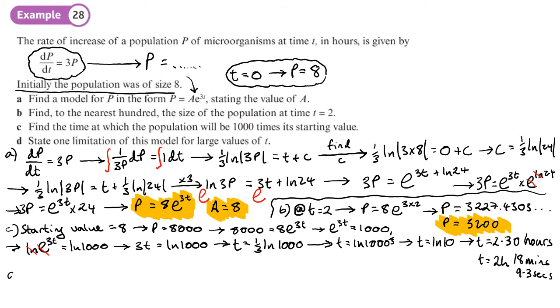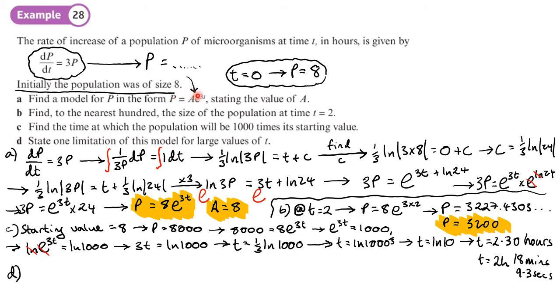Part D, limitation. State one limitation of this model for large values of t. Now what the model suggests is that as t increases, the population increases, which is fine, but this says that the population is just going to keep increasing.